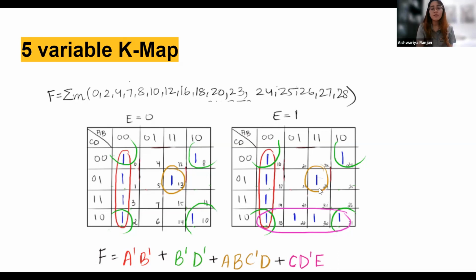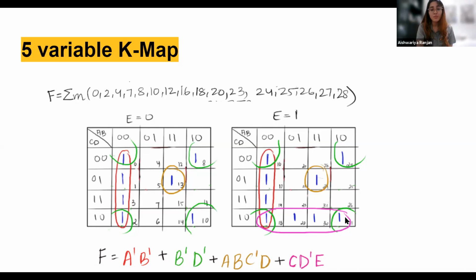And now finally, we have this pink circle. It's across all columns, right? So it doesn't matter what column it is. So we'll move on to the rows. It's in this last entire row, which is expressed by C, D bar. C is a 1, D is a 0. So C, D bar, and it's not on this Kmap.